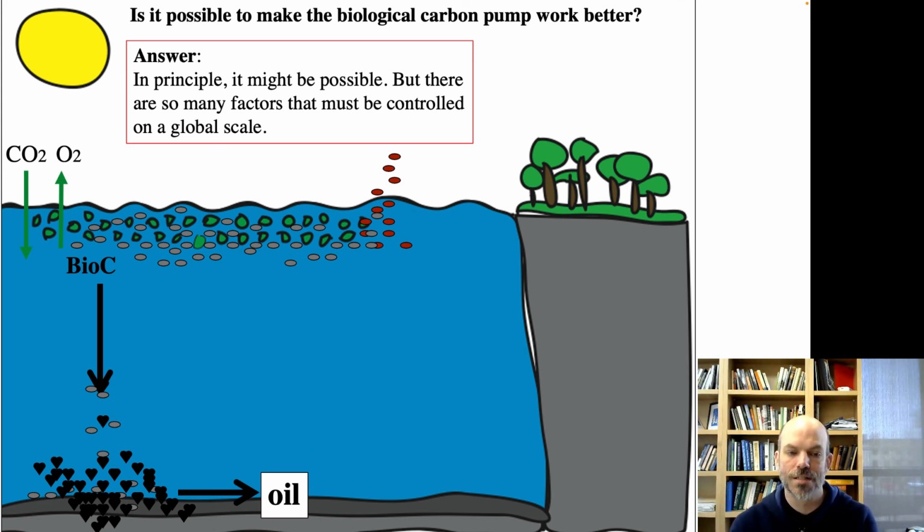And there are just so many factors in play here that whenever we are thinking about trying to control the entire ocean for our own human engineering purposes, then I think it's maybe time to think more deeply about what exactly we're trying to accomplish.